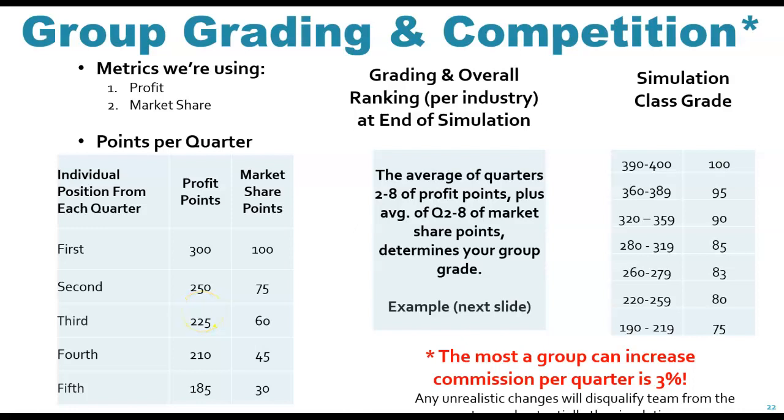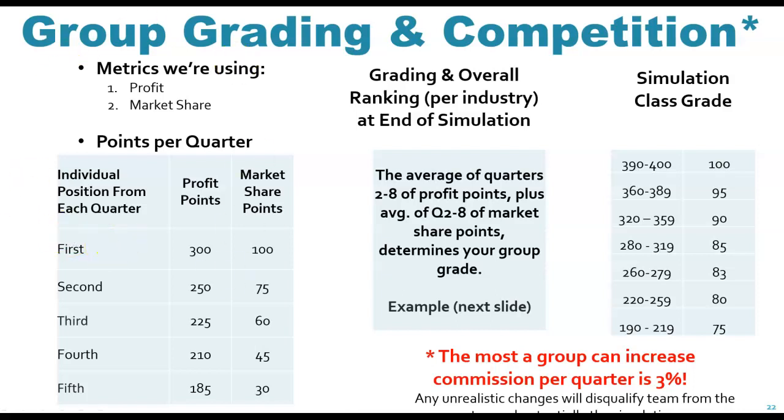So you can see the breakdown of kind of how the grades work out. Generally, groups aren't in one position consistently. So if your group was always in the 5th position, you would for sure make a 75. But generally, groups move up and down, so your grade moves because it's an average.